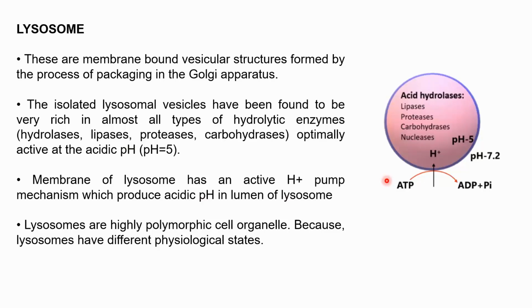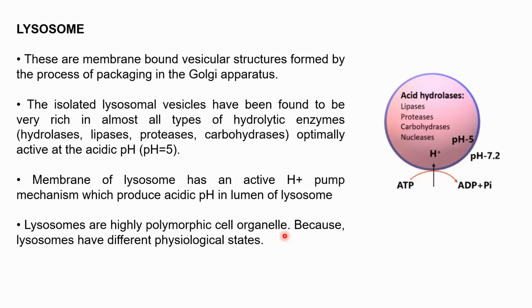Utilizing this energy, these proton pumps cause an influx of protons, or H plus ions, into the lysosome. And since there is an influx of H plus ions, the more H plus ions, the more acidic the environment is. Therefore, this helps in maintaining the acidic pH in the lumen of the lysosome.